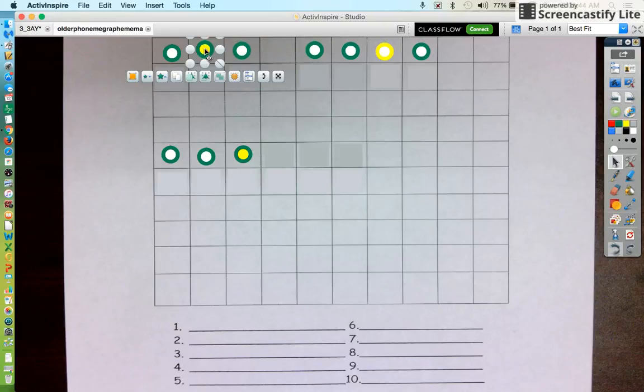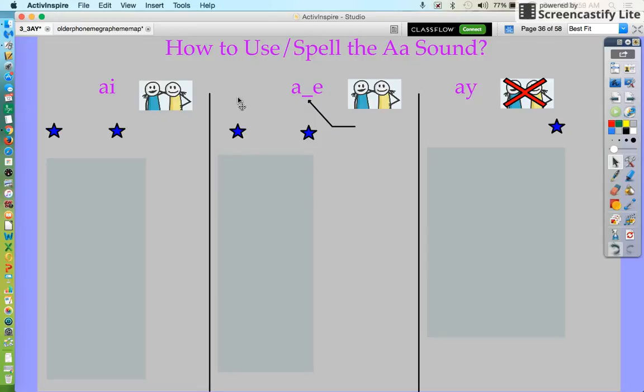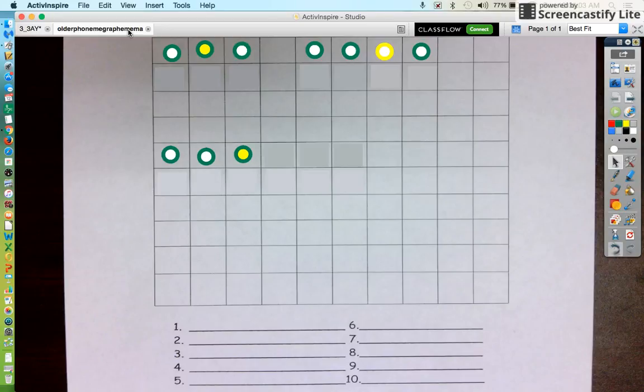Now I put yellow for the A sound, so I know it's coming in the middle. I also see that it has something after it, so that's a letter friend. R, A, N. Now based on my rules, it has to be AI or AE. And it's going to come with practice knowing which one's which.